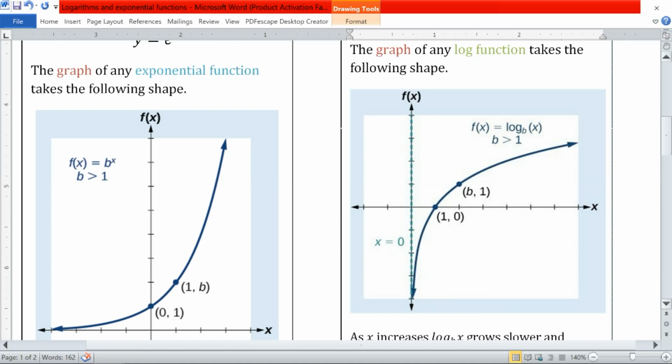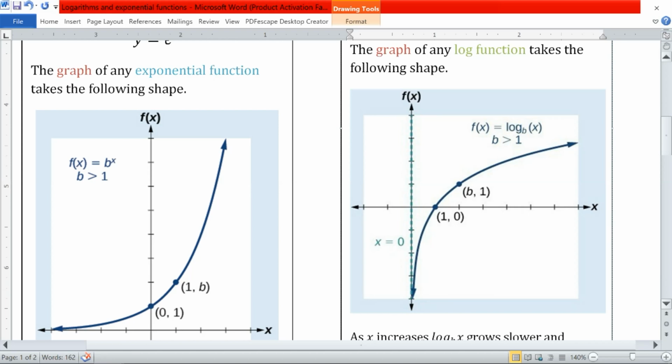The slope never becomes zero in the log function, because if the slope becomes zero, you are going to have a horizontal line eventually, but that doesn't happen. And if that happens, your range is not going to be all real numbers. So it just keeps rising.